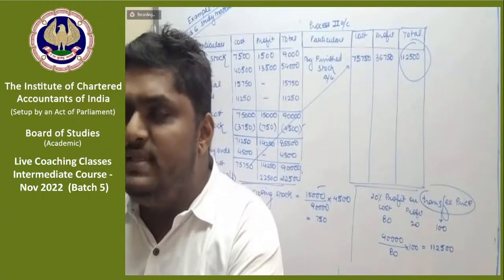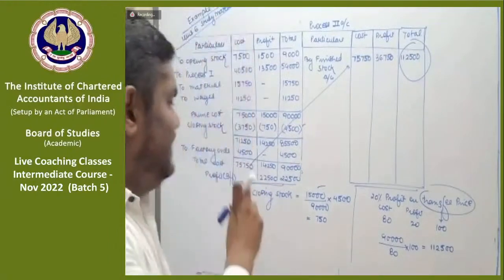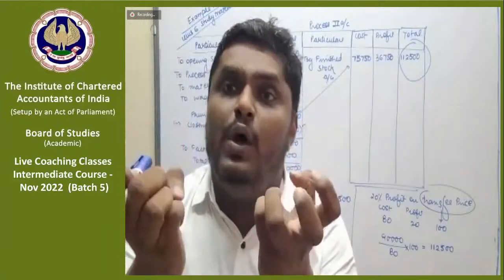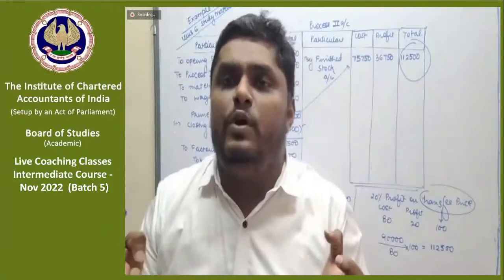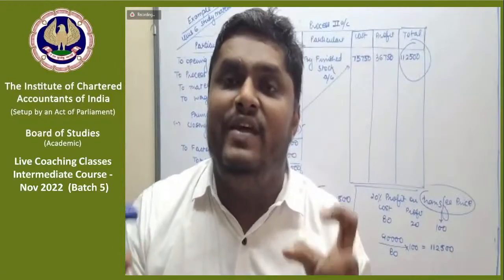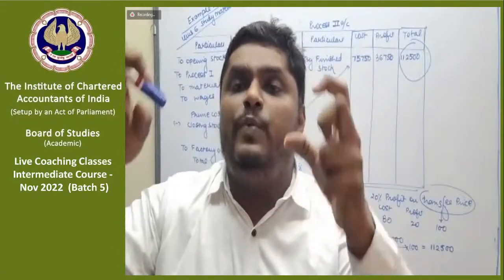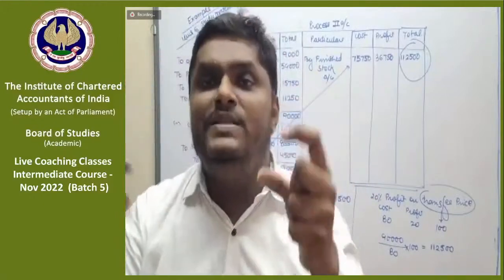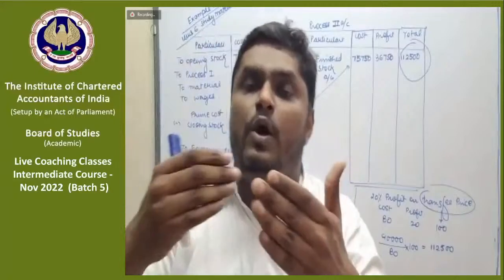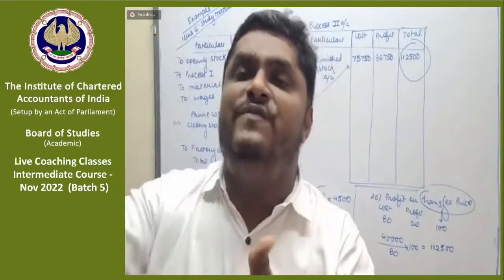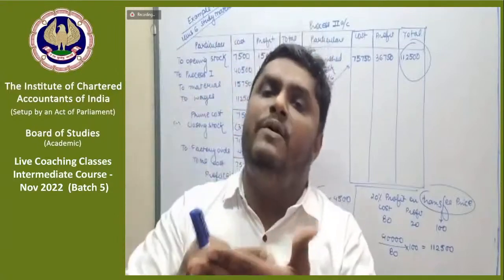Rekha, that approach is incorrect because this 75,750 is the cost. That is the actual cost of process first and process second. In this question, it is given that the output of process second is to be transferred to finished stock at 20% profit on transfer price. It means it includes 25% of the profit from process first and 20% profit from the process second.